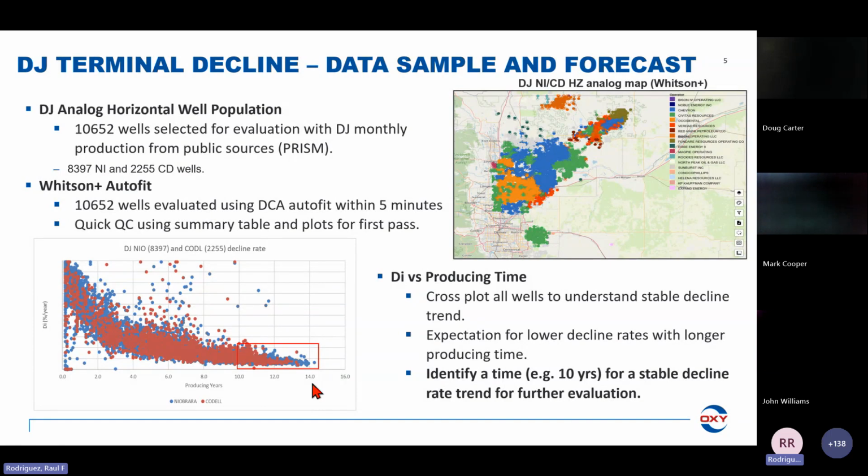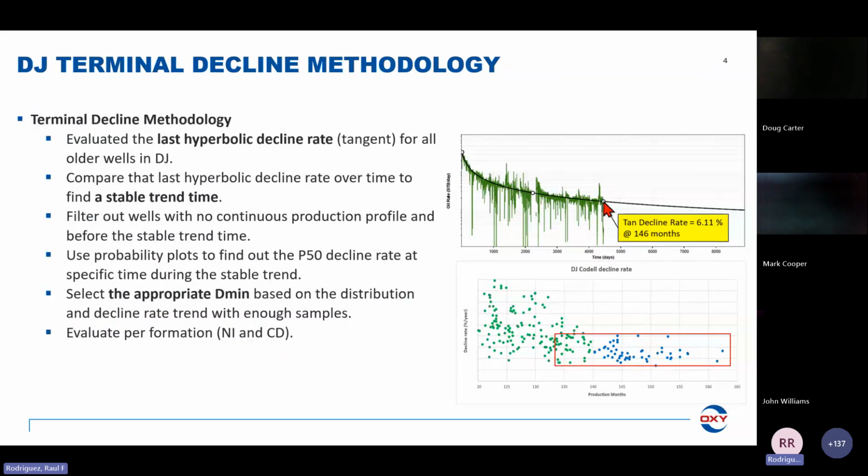We're not going back to the original conditions. We are just evaluating, for every single well, the last point of the decline rate, and it could be depletion if they have been producing for a long time, or it could be early time if the well only has maybe 6 months or 1 year of production. Does that answer the question?